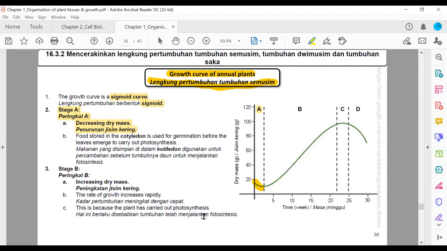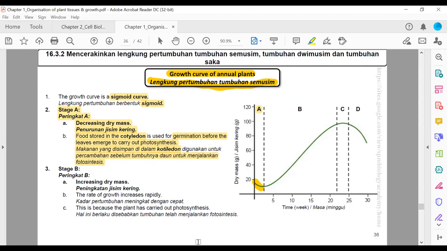It shows negative growth because food stored in the cotyledon is used for germination before the leaf emerge to carry out photosynthesis. Makanan yang disimpan dalam cotyledon digunakan untuk pertambahan sebelum tumbuhnya daun untuk menjalankan fotosintesis.